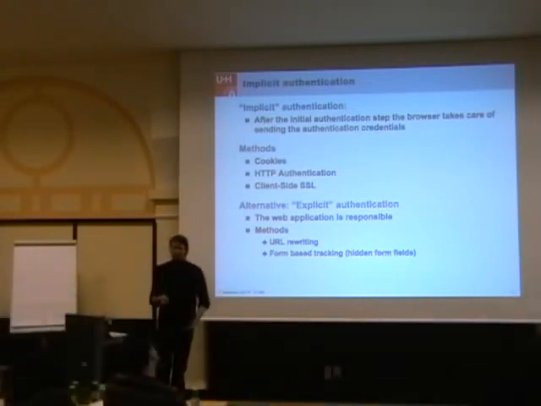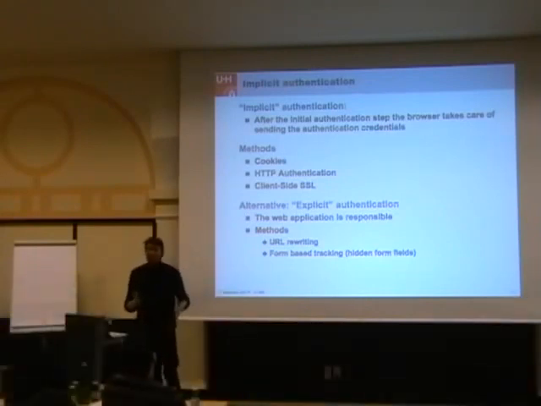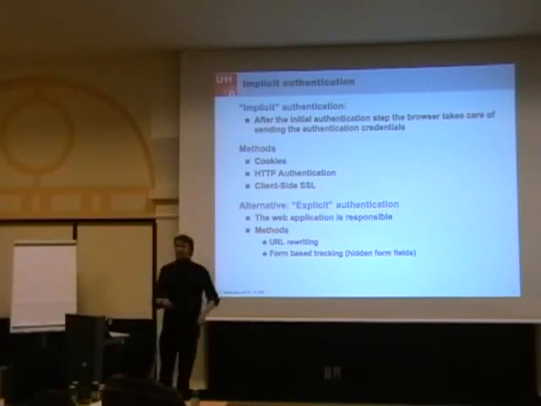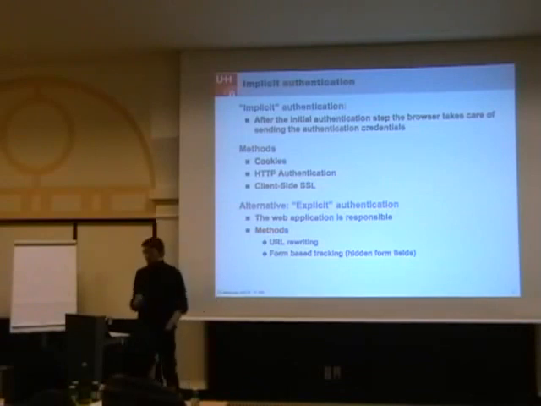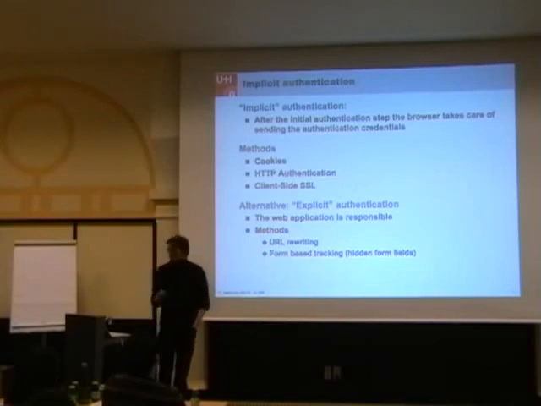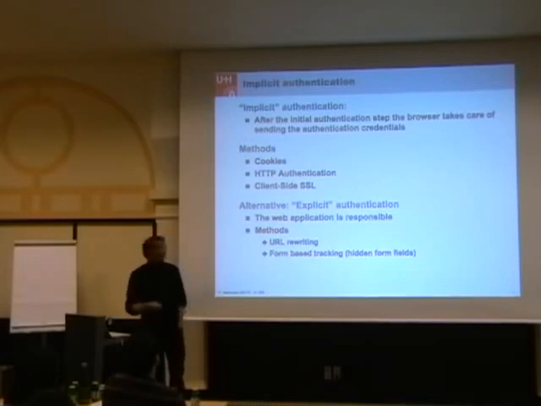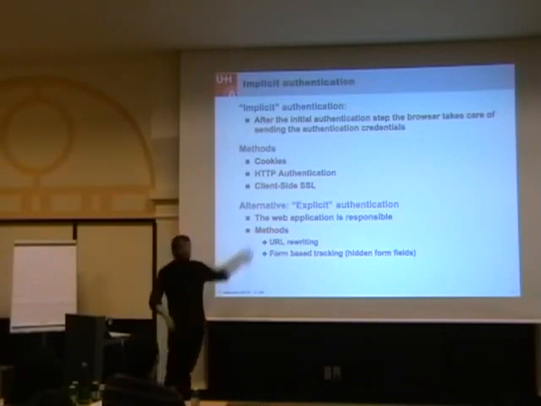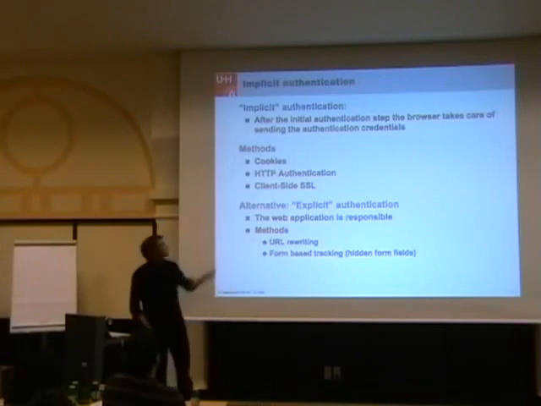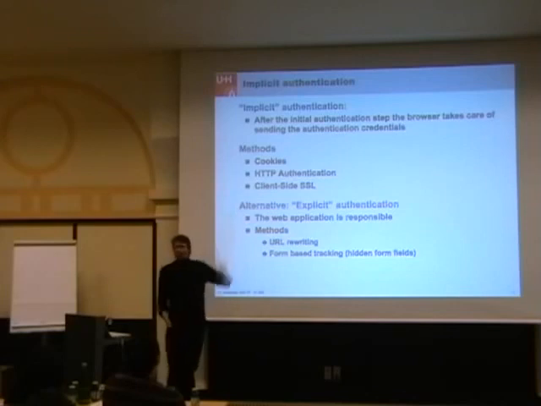We did a classification at our university, and you can have a rather coarse classification that really is good for understanding cross-site request forgery. You can have explicit authentication, implicit authentication. And while explicit authentication is not really interesting in this context, implicit authentication is a problem.